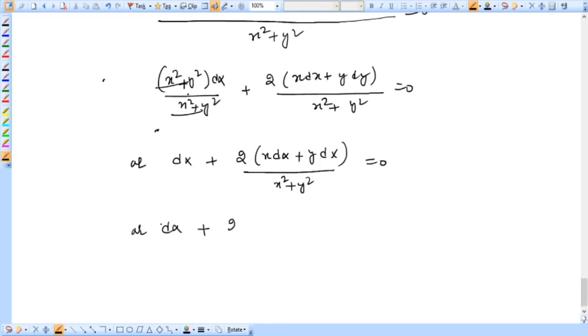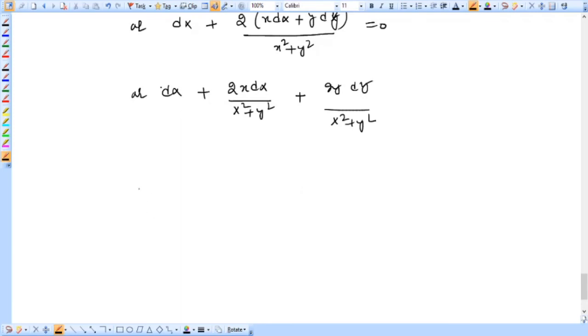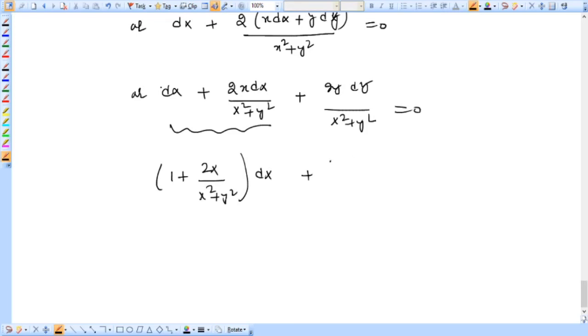It would become 2x dx over x square plus y square plus 2y dy over x square plus y square. So now clubbing these two terms, we get 1 plus 2x over x square plus y square into dx plus 2y over x square plus y square dy equal to 0.